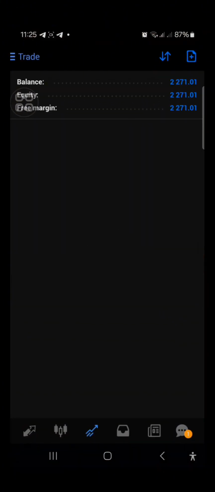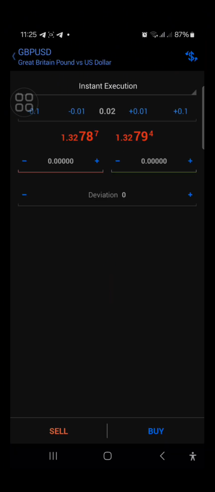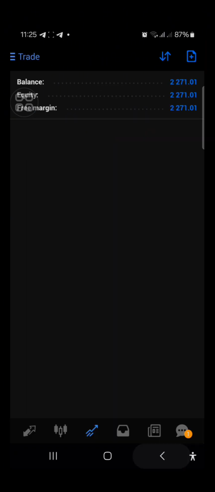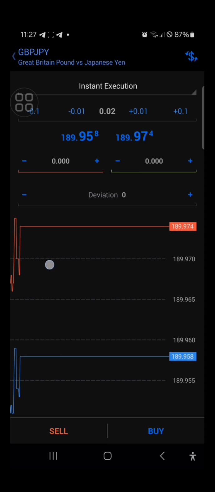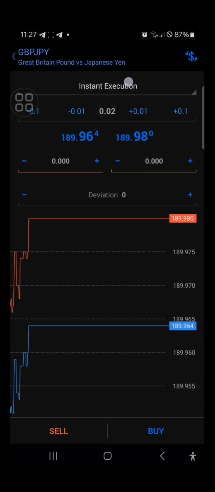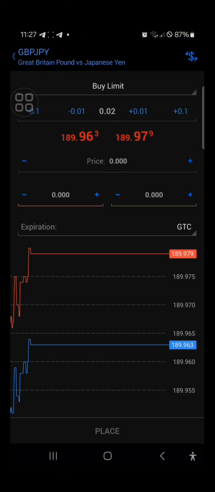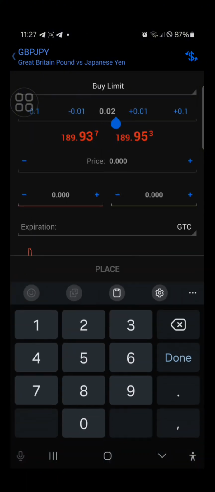So let me go to, I'm using MT4. Hold on, this is GJ. So first and foremost, when I come here, I want to change this instant execution to buy limit, and then I want to set my lot size or my position size depending on my risk management strategy or whatever I'm comfortable risking on this trade.